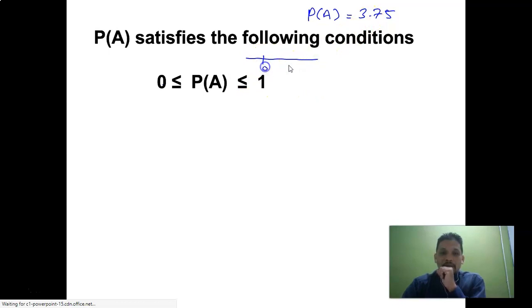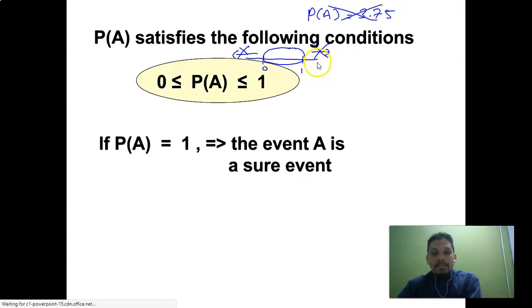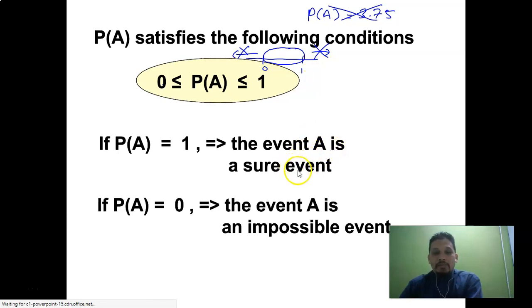This is 0 until 1. So this is the range of the value of probability. It cannot be here or here. Okay. So this is incorrect. So probability of A equal to 1 means the event A is a sure event, and if it is 0, then event A is an impossible event.